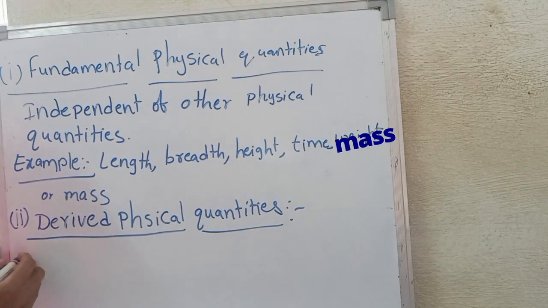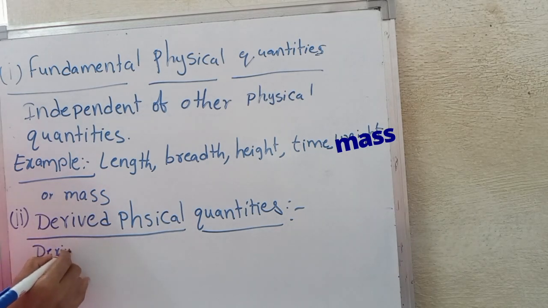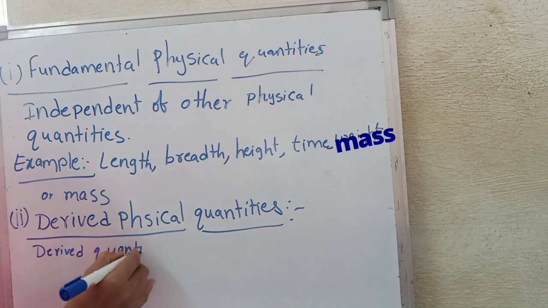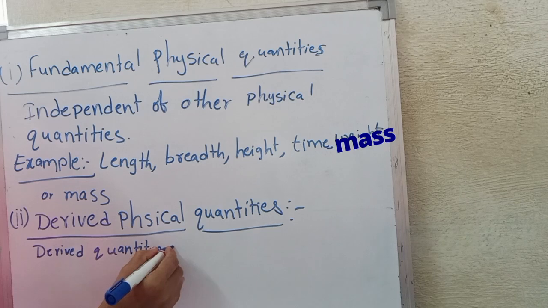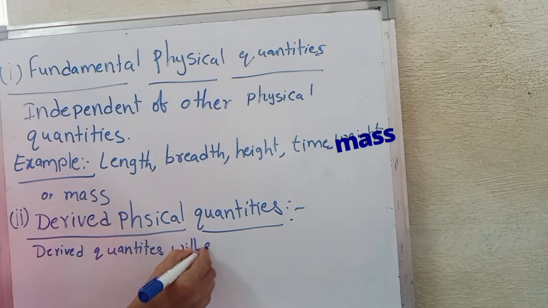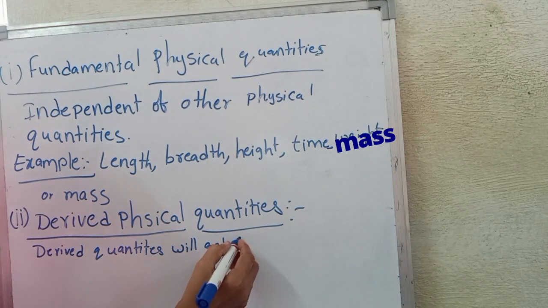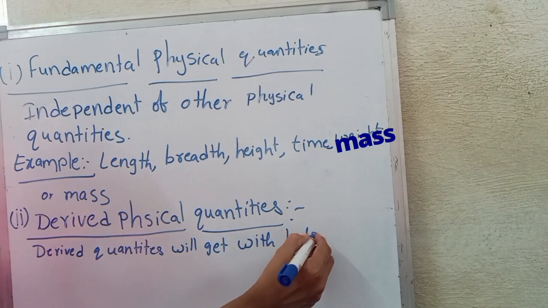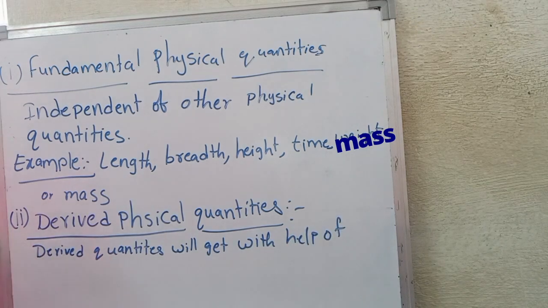For example, derived quantities we get with the help of independent quantities, which are fundamental physical quantities.